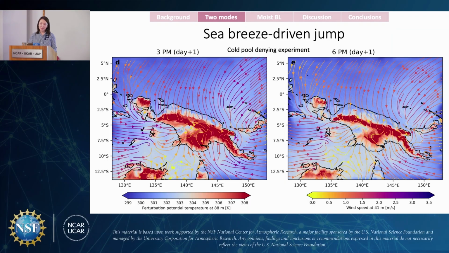We also see these important characteristics in our simulations. In the figure, the red and blue colors show the perturbation potential temperature near the surface, and the streamlines show the near-surface wind, with colors marking the wind speed. In the cold pool denying experiment, from 3 p.m. to 6 p.m., we can see a long-lasting onshore sea breeze. These sea breeze fronts are very clear.